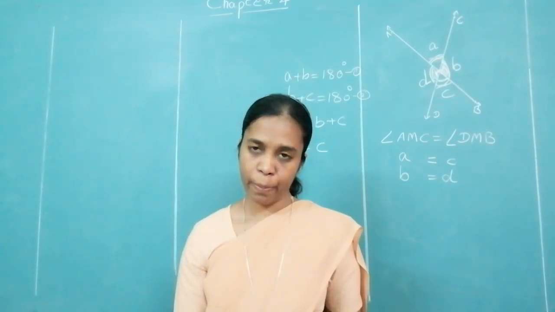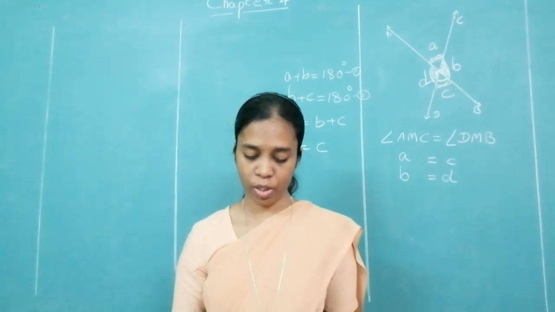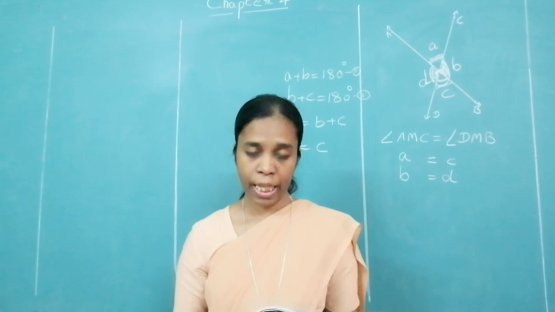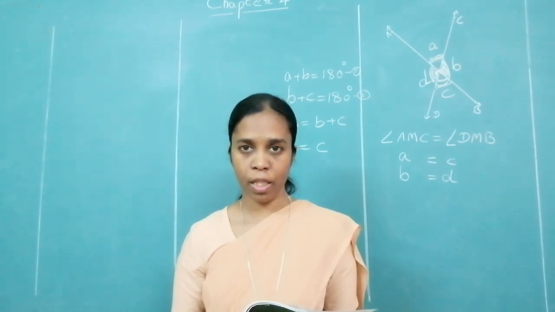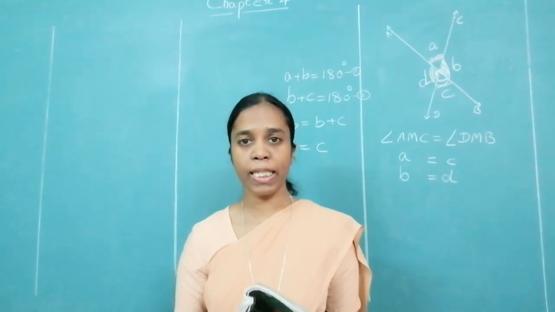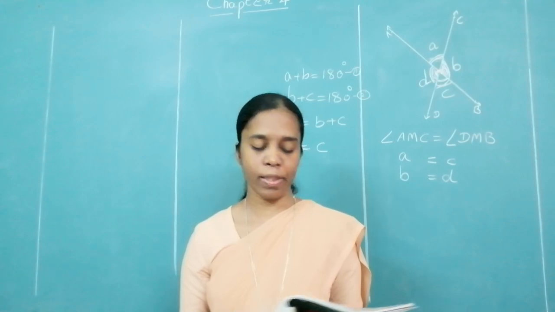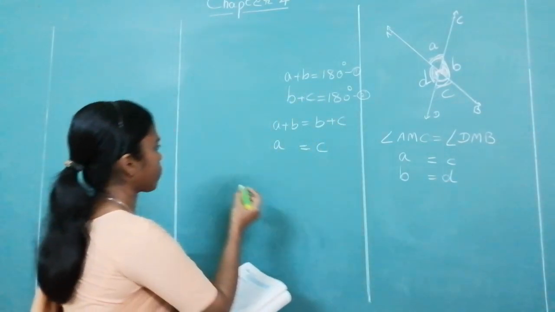I am telling you the step how to write the answer. The first step: angle APD and angle BPC are vertically opposite angles.